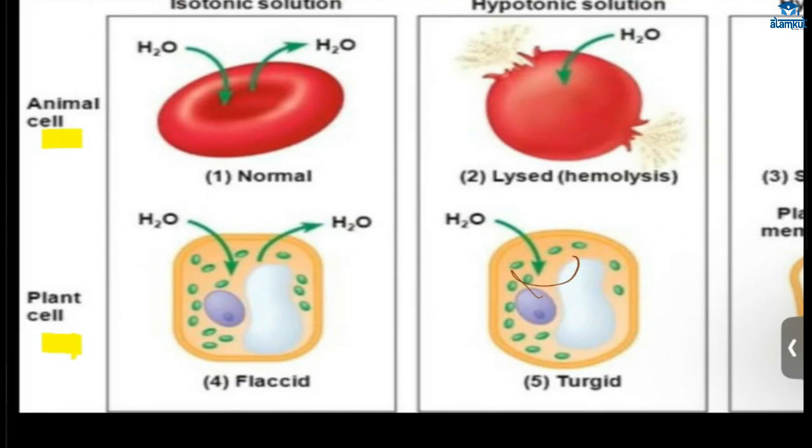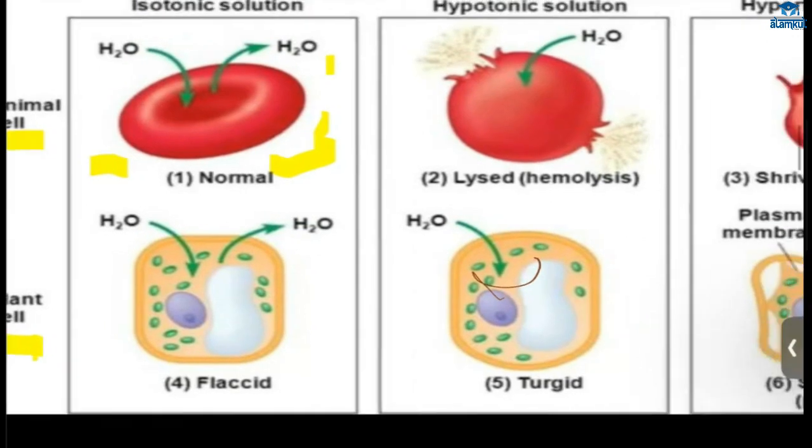In isotonic solution, the concentration of water outside, in the environment, and inside is maintained. The amount of water getting in is equal to the amount of water going out, so there is movement, but no net movement of water.